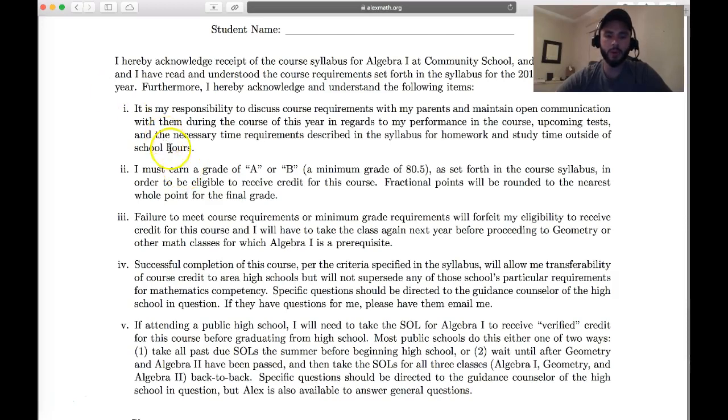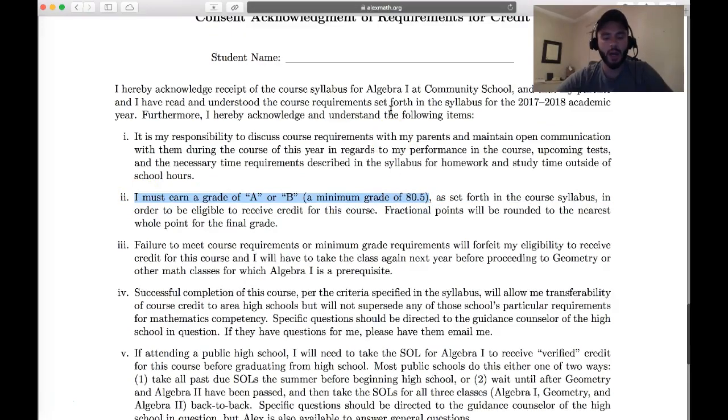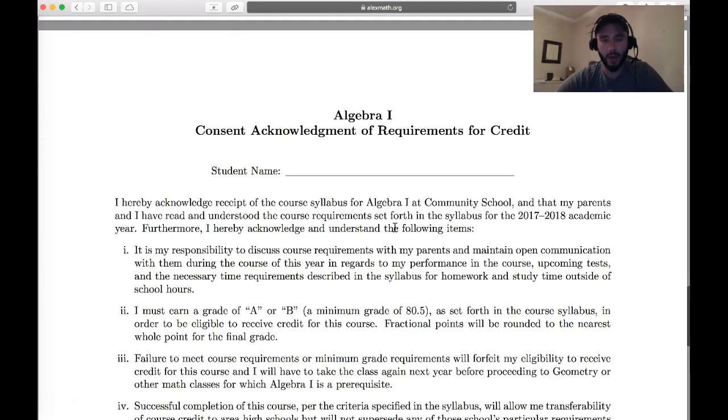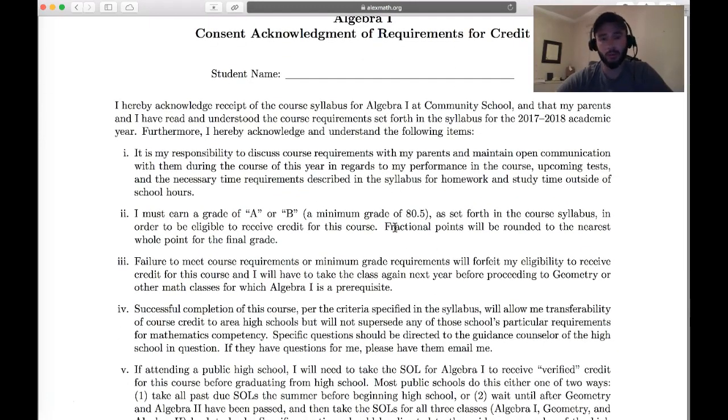The most important thing to know here is that you have to get an A or a B in the class to get high school credit. On a 10-point scale, the lowest B you can have is an 81. But I round fractional points at the end of the year. I don't round in the middle of the year. I only round at the very last grade calculation, to the nearest whole point.